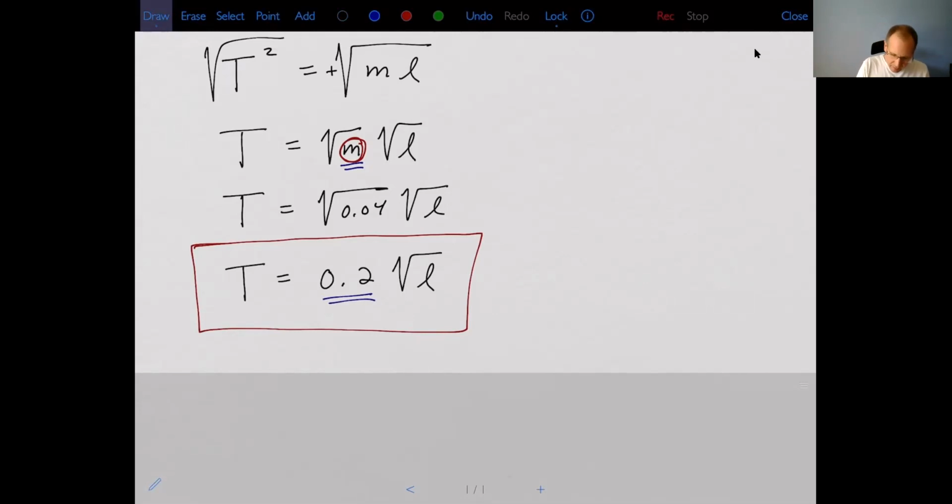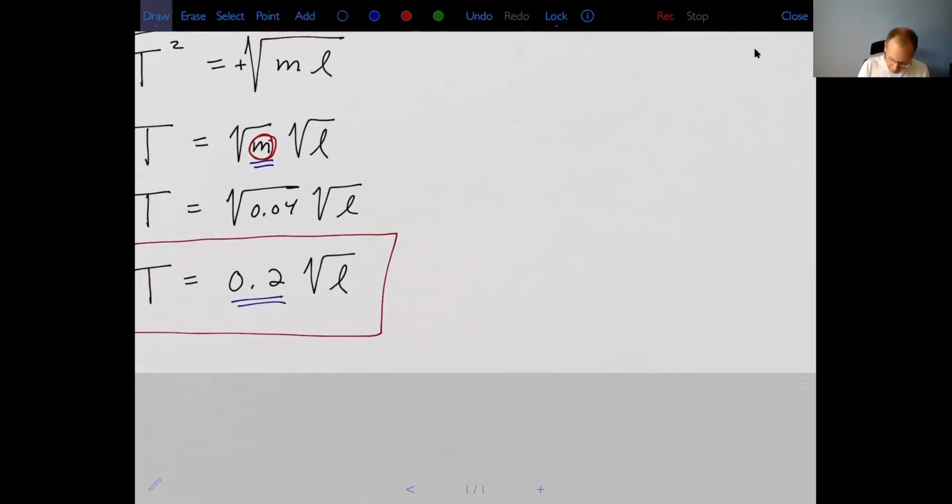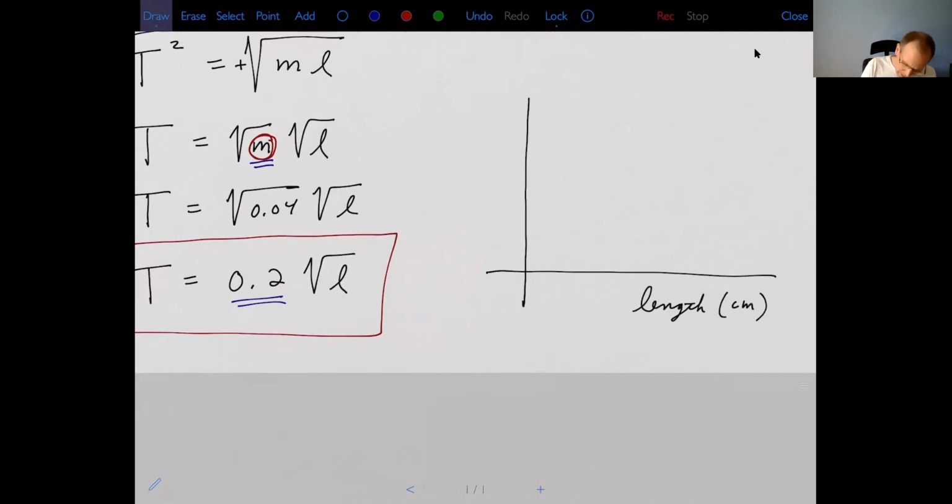Now, what does this look like? Well, if we were to plot this, so let's say this is length in centimeters, and then period in seconds.